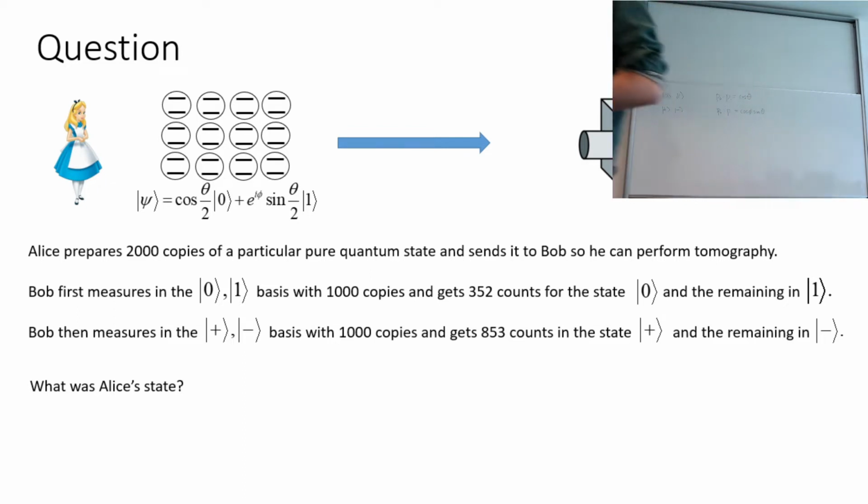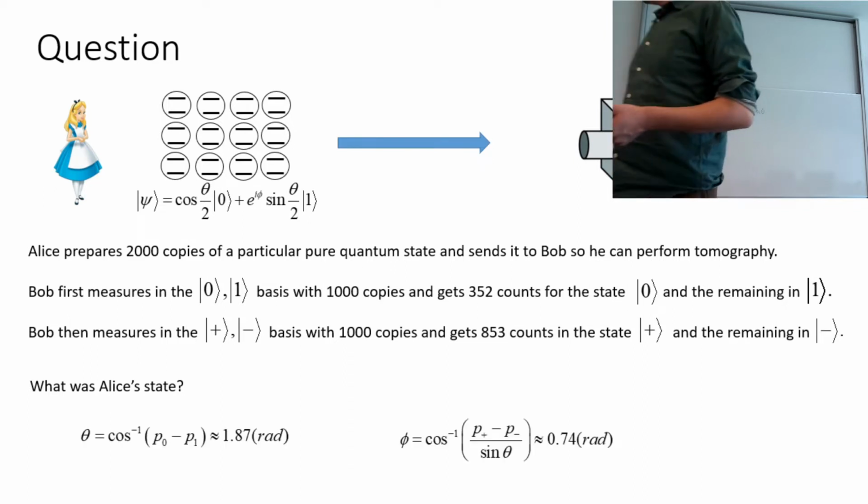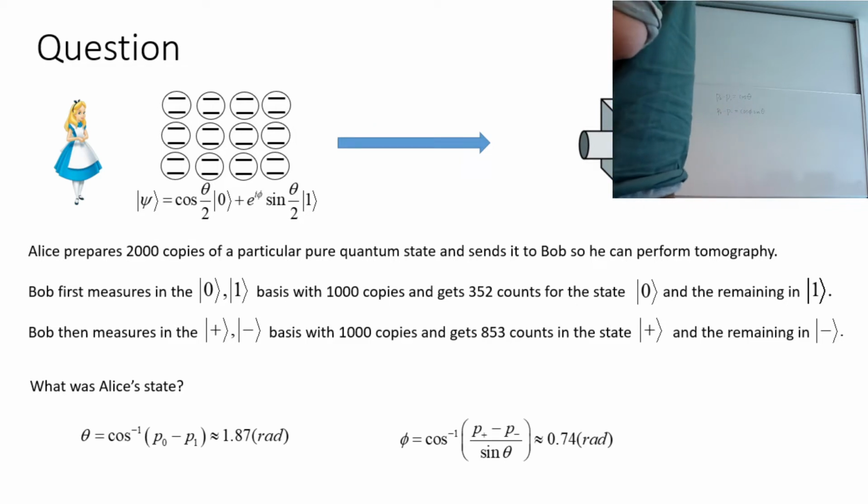Maybe turn it to radians. Okay, 2.3. The answers which I got are just 5.3.